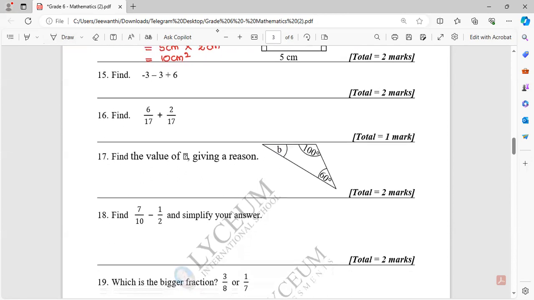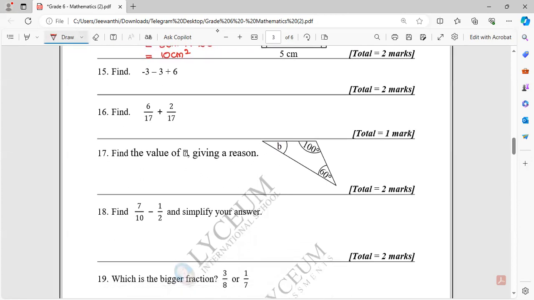So then we will move to the next question. Negative 3 and negative 3. What will be the answer? Negative 6. That negative 6, you add with 6, then the answer will be 0. So this is very easy. The same denominator, you draw a longer line. 7 and 6 plus 2. So then the answer is 8 over 16.